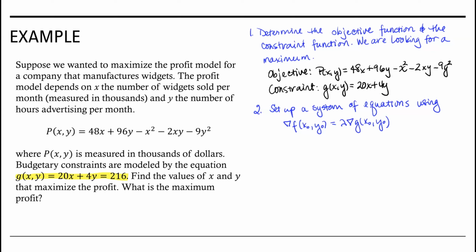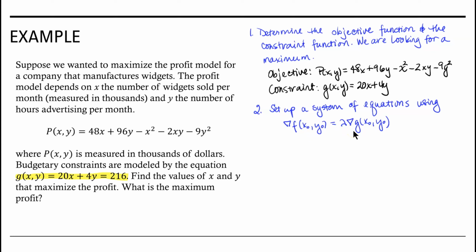Next, we need to set up a system of equations using the gradient of f equals lambda times the gradient of g. Notice that we are going to use coordinates x naught, y naught, and we're going to solve for those unknown coordinate values for which this statement is true.